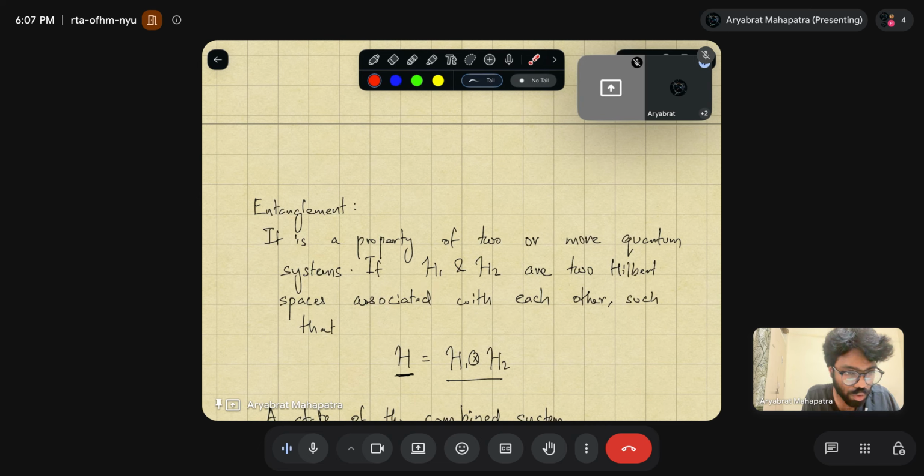Let's say we have two quantum systems associated with two Hilbert spaces. For example, you can think of two quantum harmonic oscillators. Let's say you have two quantum harmonic oscillators.